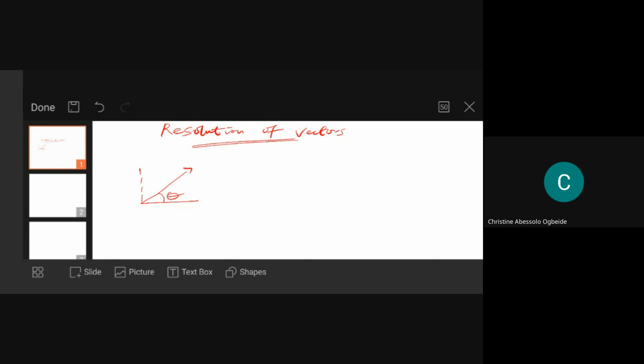The horizontal component of this vector f can be given by fx equals f cosine theta, while the vertical component of the vector can be given by fy equals f sine theta. So take note of that.